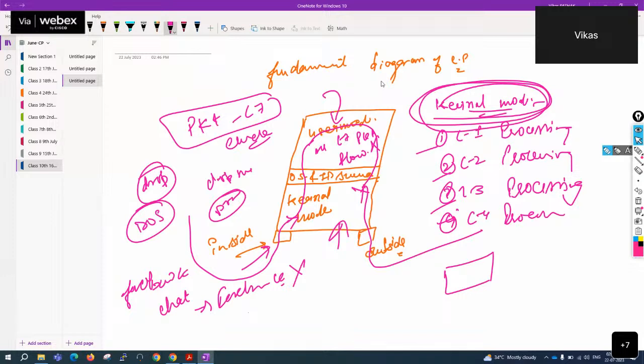That's the reason Checkpoint says we do not need the concept of zones on this particular Checkpoint firewall. We never use it in production. Why? Because if your firewall is a zone-based firewall, the main funda of zones is that your interfaces are bound to the zone, and by default inter-zone communication is not allowed, right? That's what the zone does.